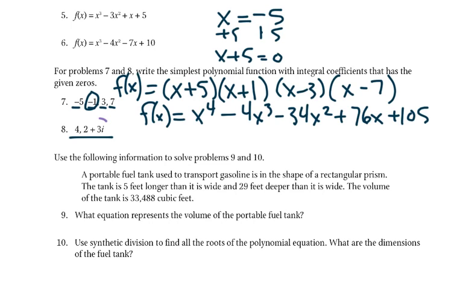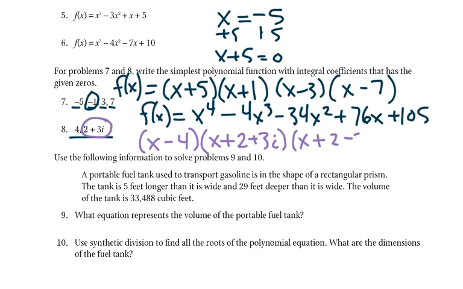So now, for 8, we're going to do the same thing. The thing is, we've got to remember that conjugate rule. So I have x minus 4 for my first one, then I'm going to have x plus 2 plus 3i. But then I have to have the conjugate version, so x plus 2 minus 3i.